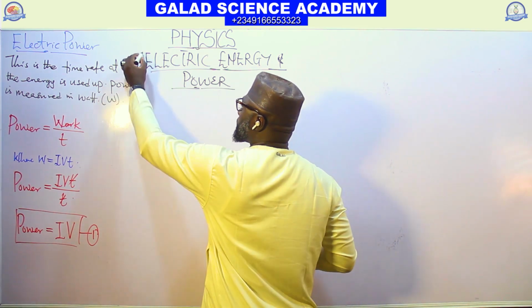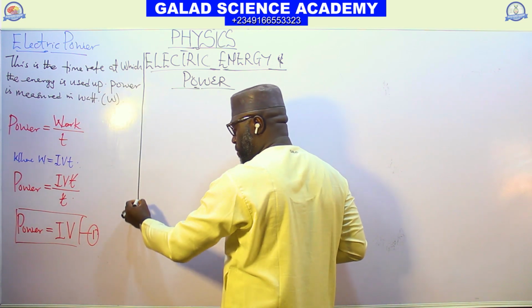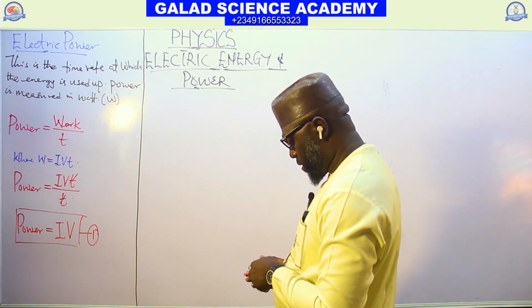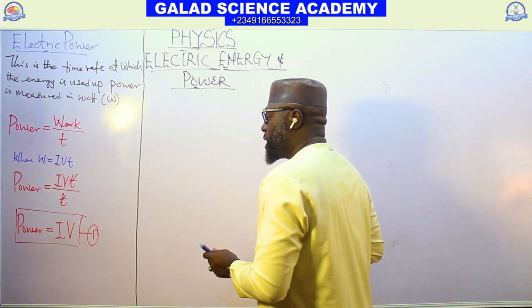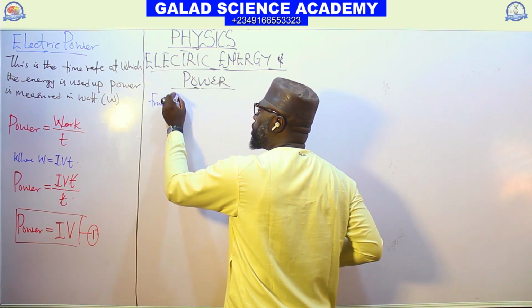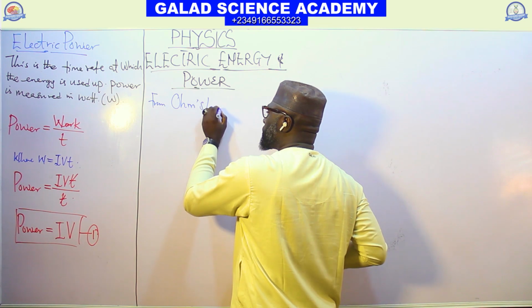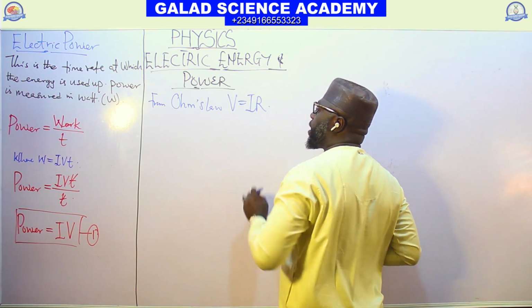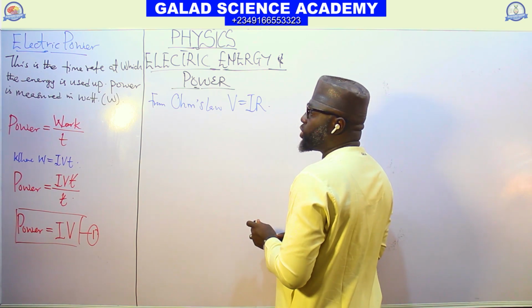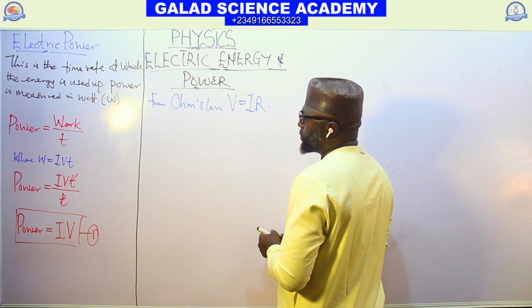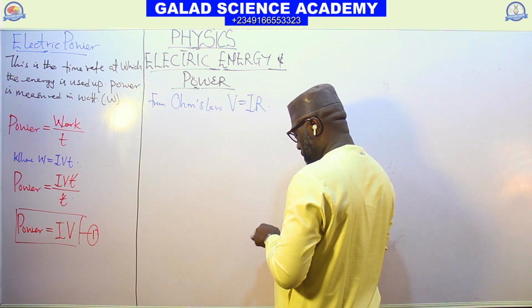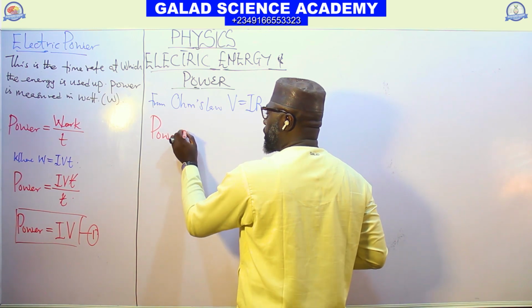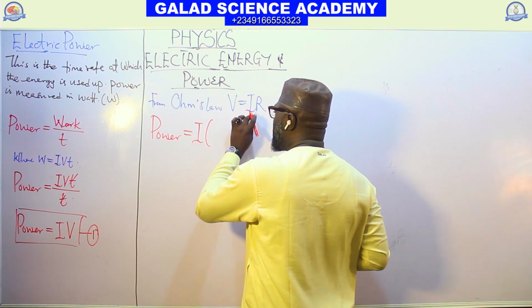And furthermore, from Ohm's law, V is equal to IR. Substituting for V here, we have power equal to I times IR.